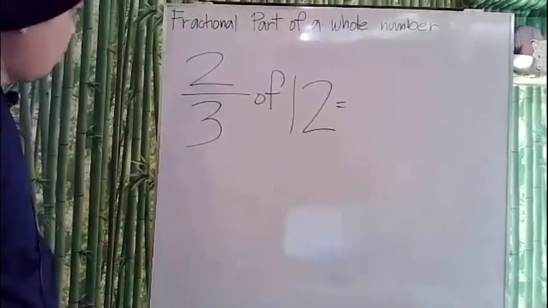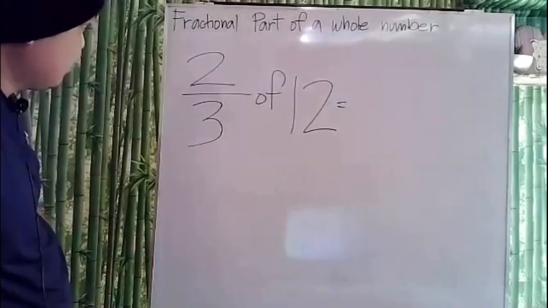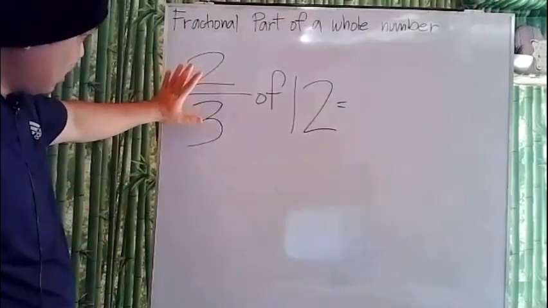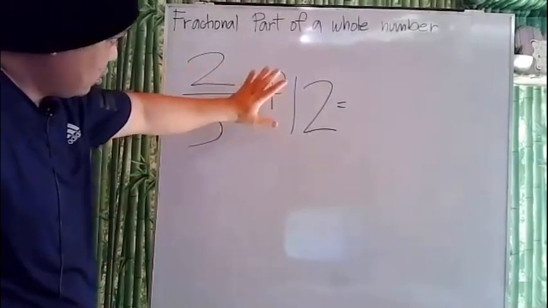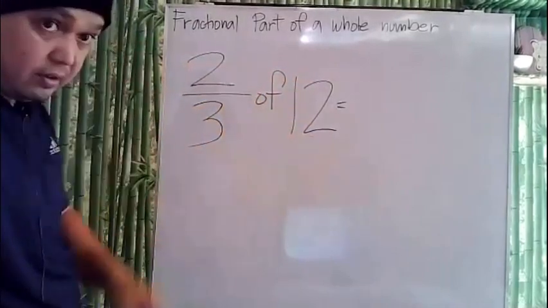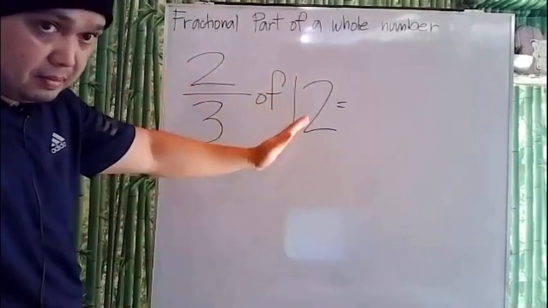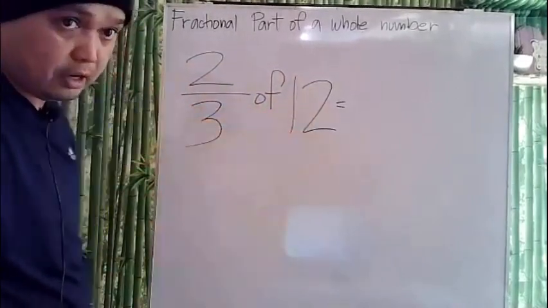Okay. What is 2/3 of 12? The same process. Multiply the fraction to this whole number in fraction form. Okay. Just multiply, but change this first into a fraction.